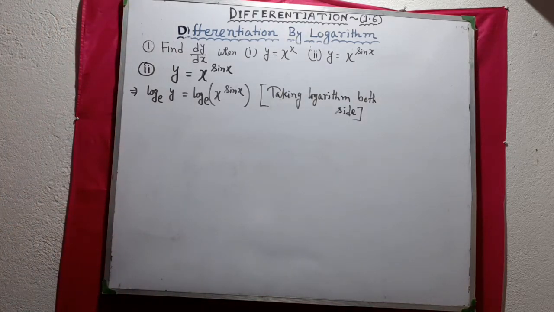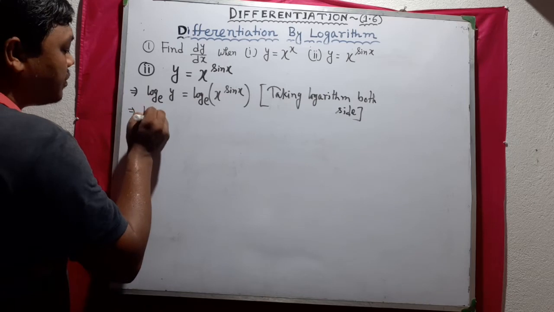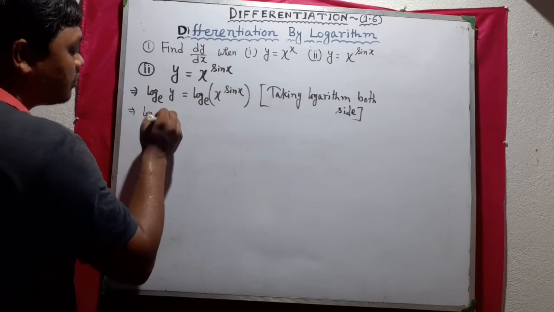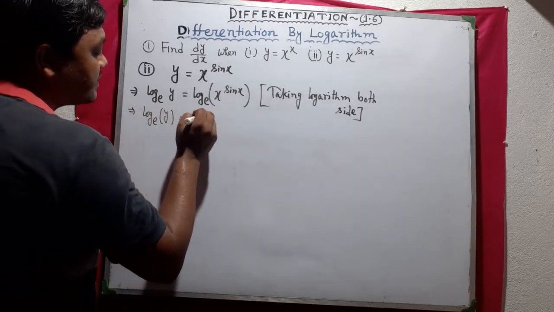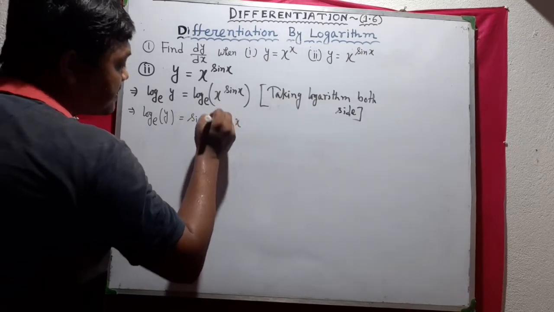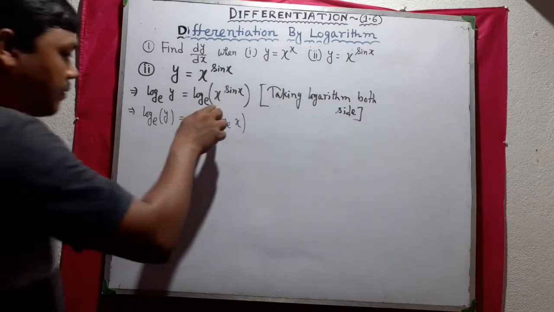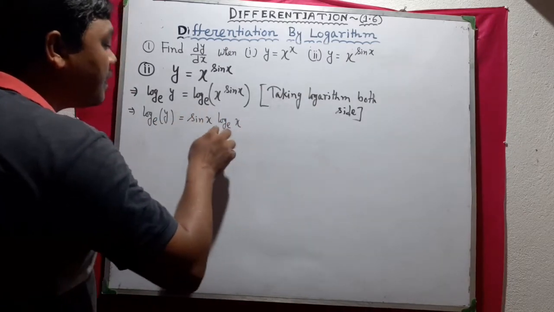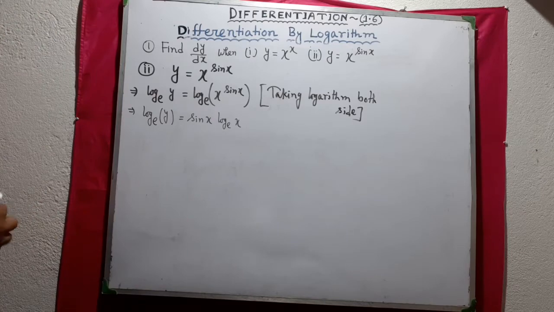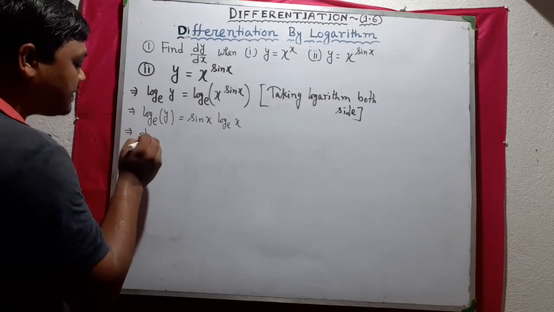So next, differentiate. First we use the property of the logarithm, the power formula: log y equals sin x log x base e. Now differentiate with respect to x both sides.